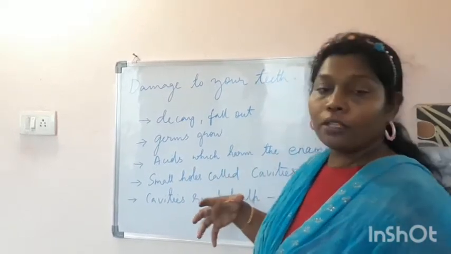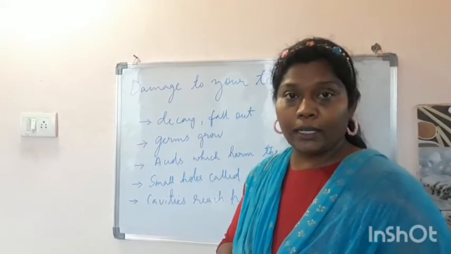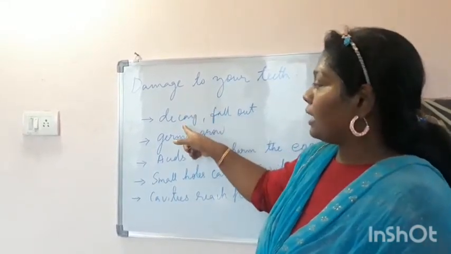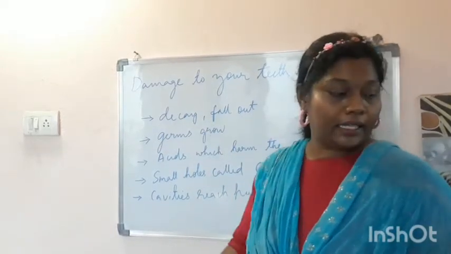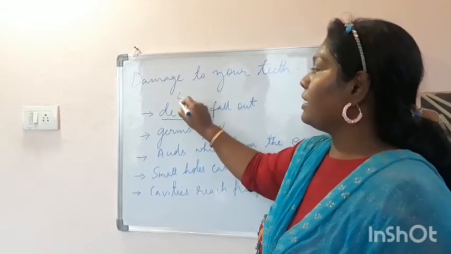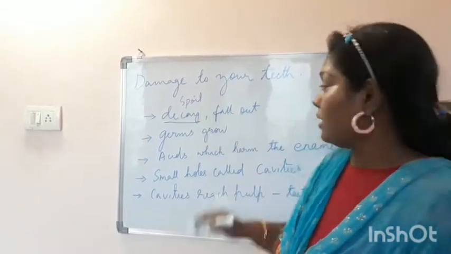So depending upon the food that we eat, the cleaning of the teeth has to be done perfectly. If you are not doing that cleaning perfectly, the teeth will decay. What, children? The teeth will decay. Decay means spoil.